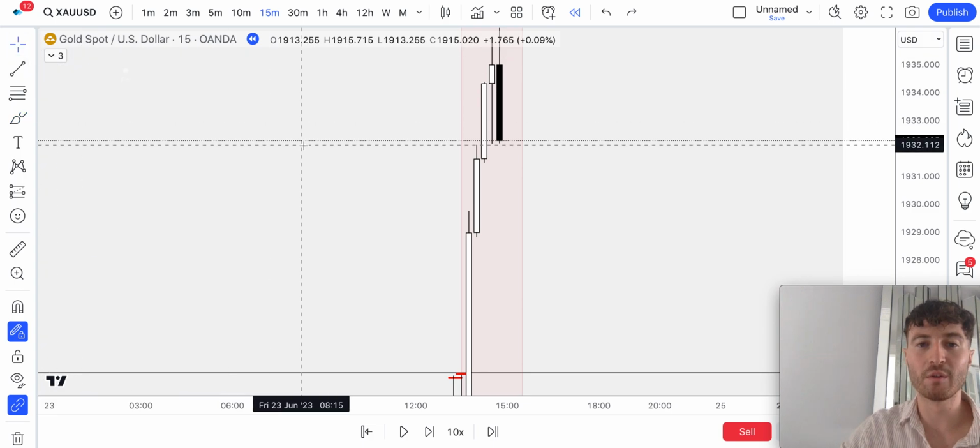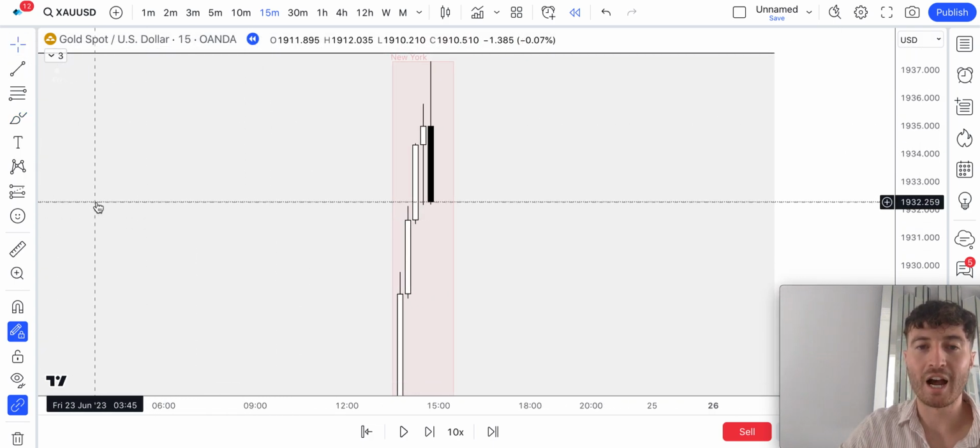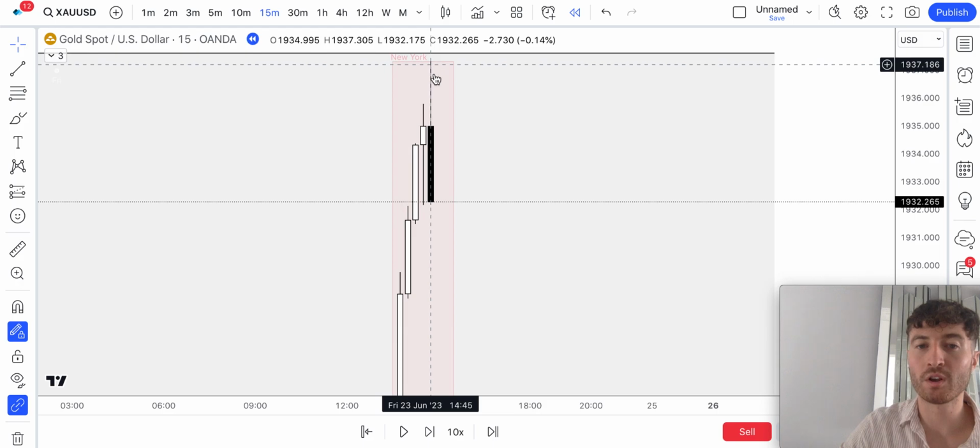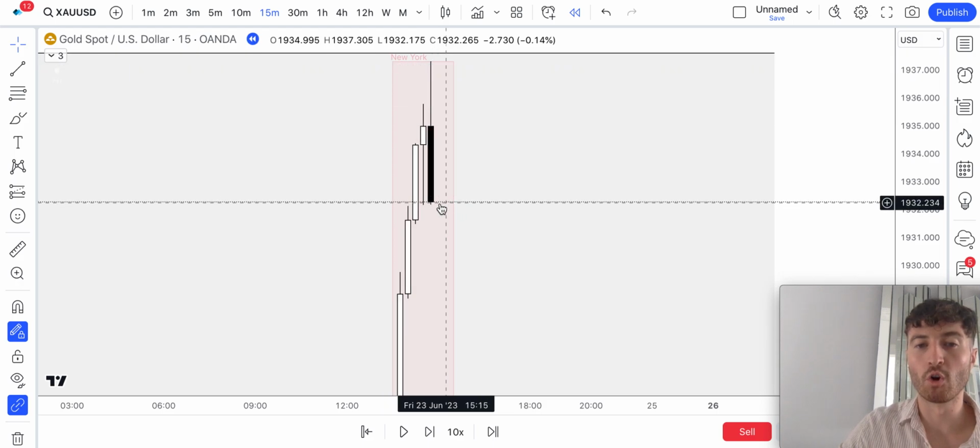We can understand the market structure behind that, and we have another higher high in the market followed by a strong rejection.